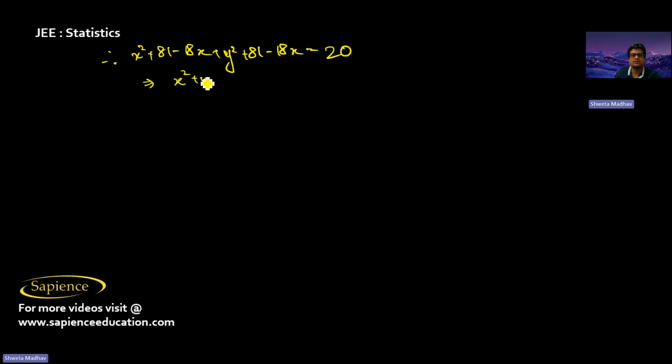I can say x square plus y square minus 18 into x plus y plus 81 plus 81 is equal to 20.